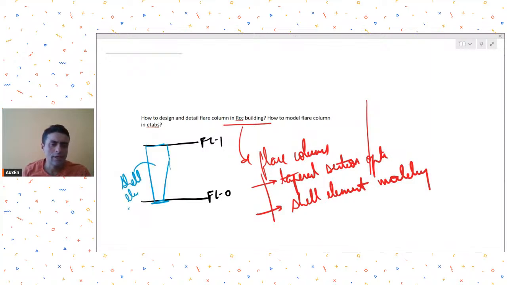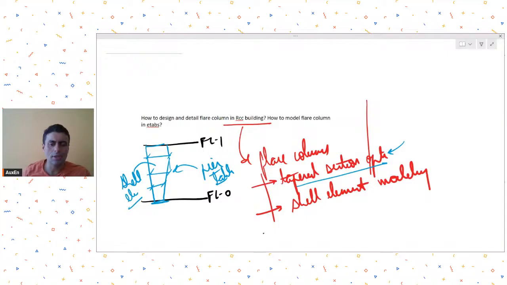The thickness of this shell element will be the width of the column, and these dimensions you will get from the flared geometry. Then you will assign the pier labels to it. Once you assign the pier labels, ETABS will give you the design results. If you are doing it as a tapered section, ETABS will automatically give you the design results.